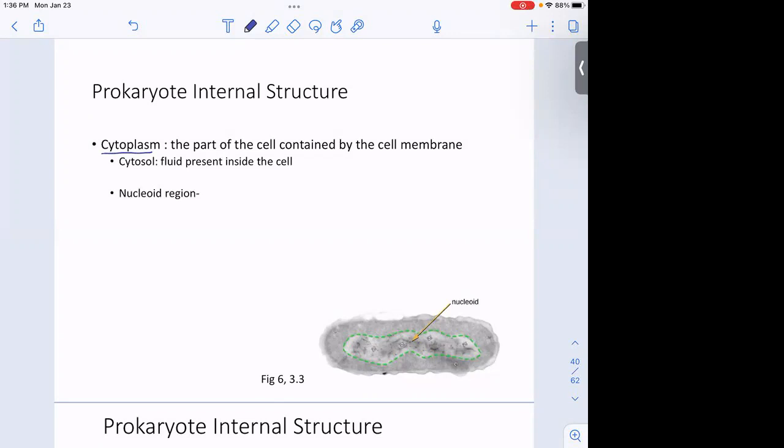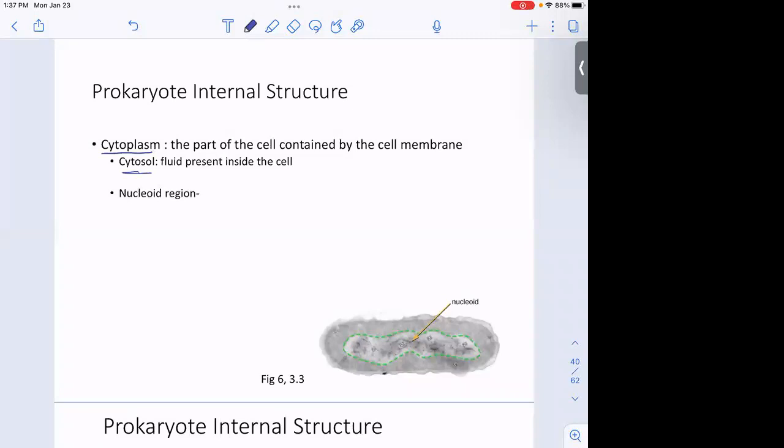So if we were talking about a eukaryotic cell, that would include any organelle. Technically, the lysosomes are part of the cytoplasm. And then the cytosol is the fluid present inside of the cell, the fluid that fills in all around the internal structures.